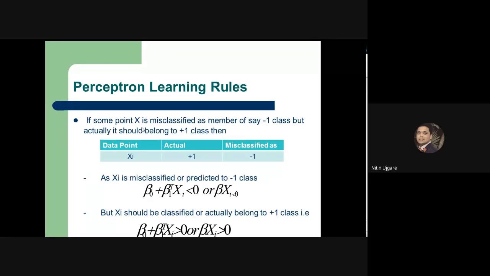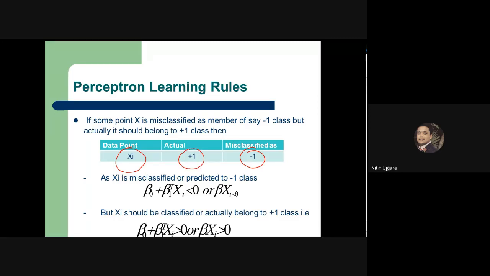So if some point X is misclassified as a member of, say, the negative class, but the actual class belongs to positive, what does it mean? Our linear classifier has predicted Xi to be in the negative class. So this is misclassification. The actual class of this Xi is the positive class.